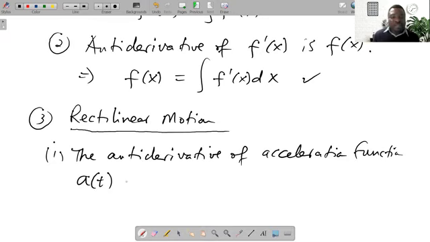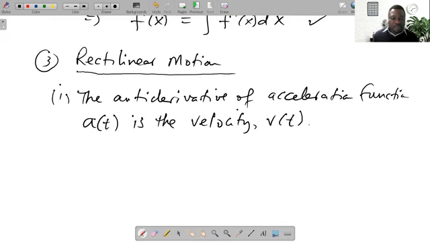The antiderivative of the acceleration is the velocity, which normally we write as v of t. So in other words, v of t is equal to the integral of a of t dt.